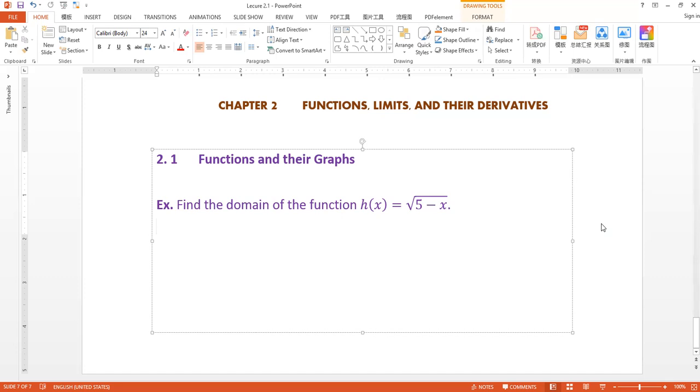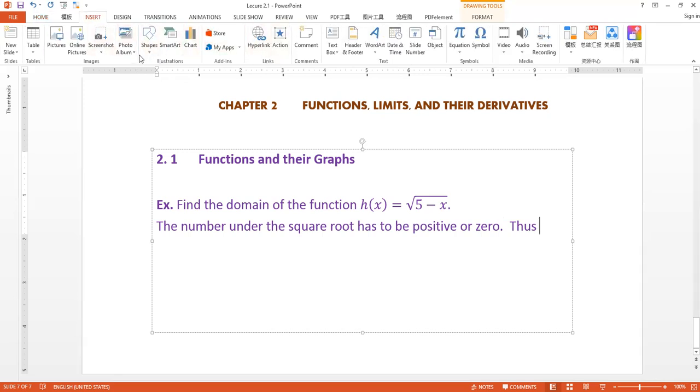So what I'm saying is the number under the square root has to be positive or 0 in order to make sense. So that means 5 minus x has to be positive, all right, or greater than or equal to 0.